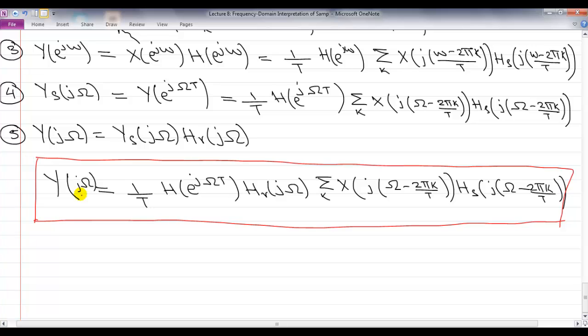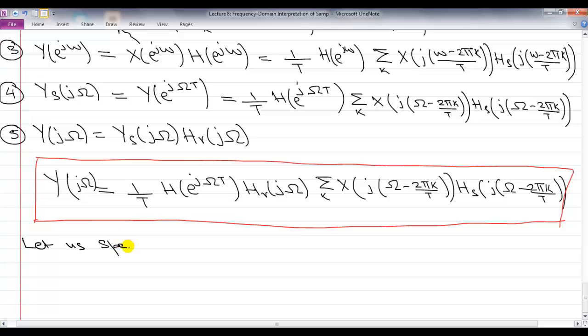Up to this point, we have said let's keep things as general as possible. Now let's look at the special case of band-limited signals. And let's ask ourselves, what does this expression reduce to if we are doing sampling under the band-limited signal model and we have no aliasing? So let's look at that.